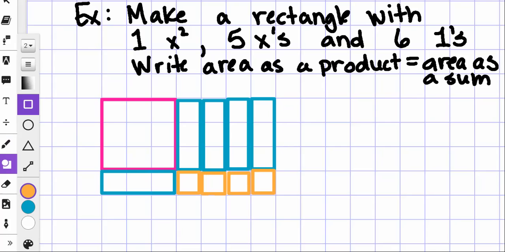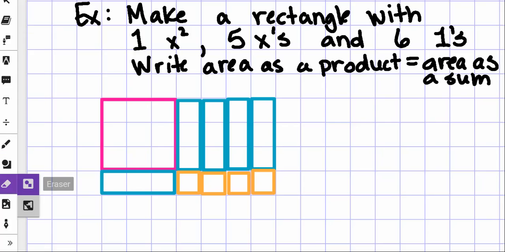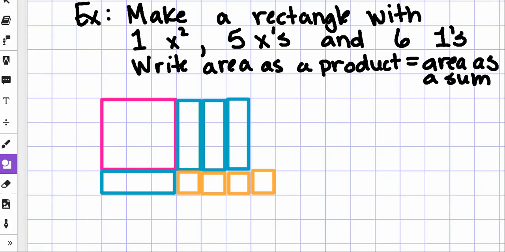I need 6 of them. So the problem is that when I'm doing this, I need to have 6, and I'm going to have 2 of these left. So I need to split my 5 in a way to get 6 items. Okay. So I'm going to split the 5, not as a 1 and a 4, but as a 2 and a 3. So let me add another rectangle here. So now I have 5 of these.